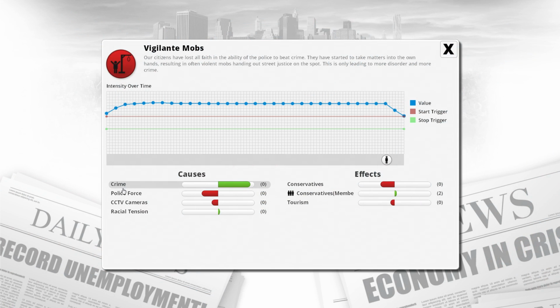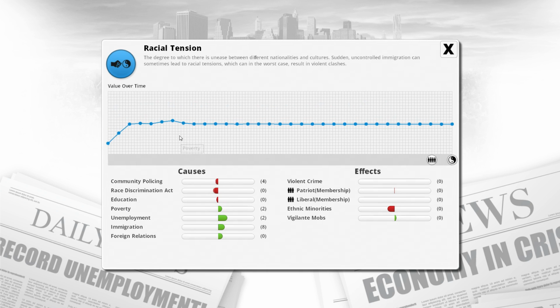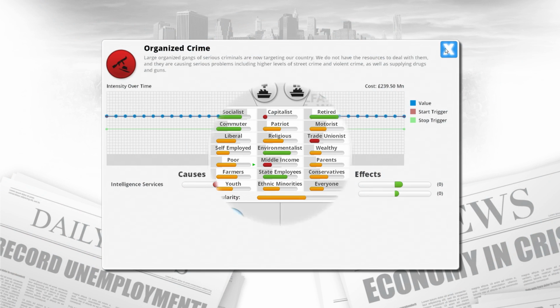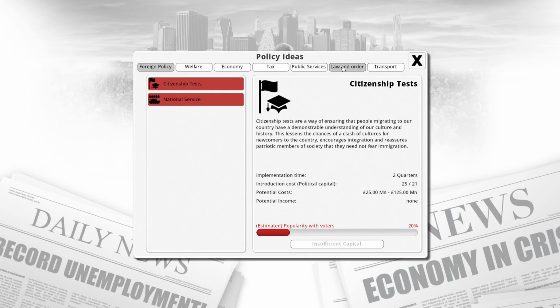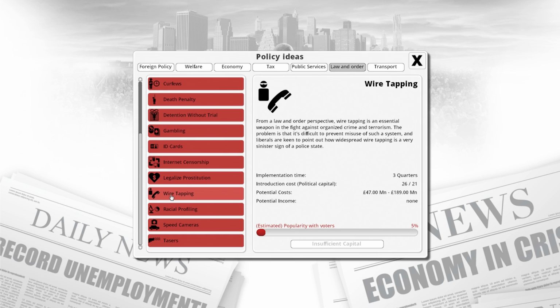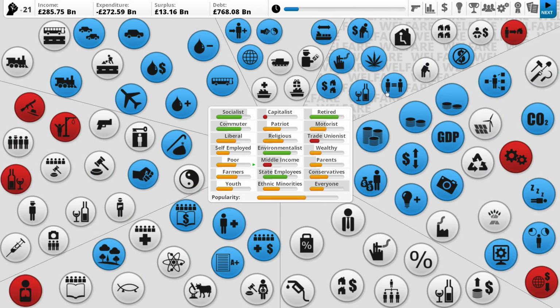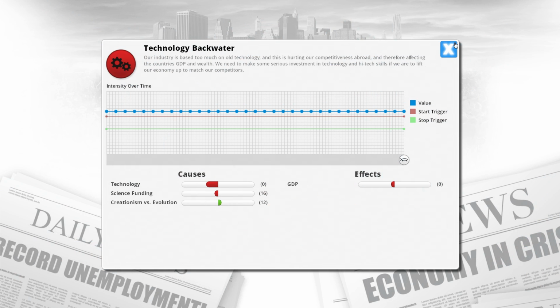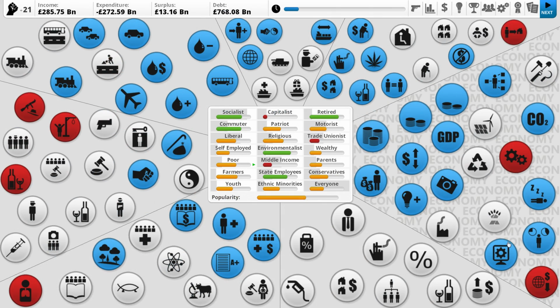Because vigilante mobs are partially caused by racial tension, I think. Organized crime, and what we can do about that is we can't right now, but I believe wiretapping helps a lot with that. So I don't think this is enough for our technology backwater.